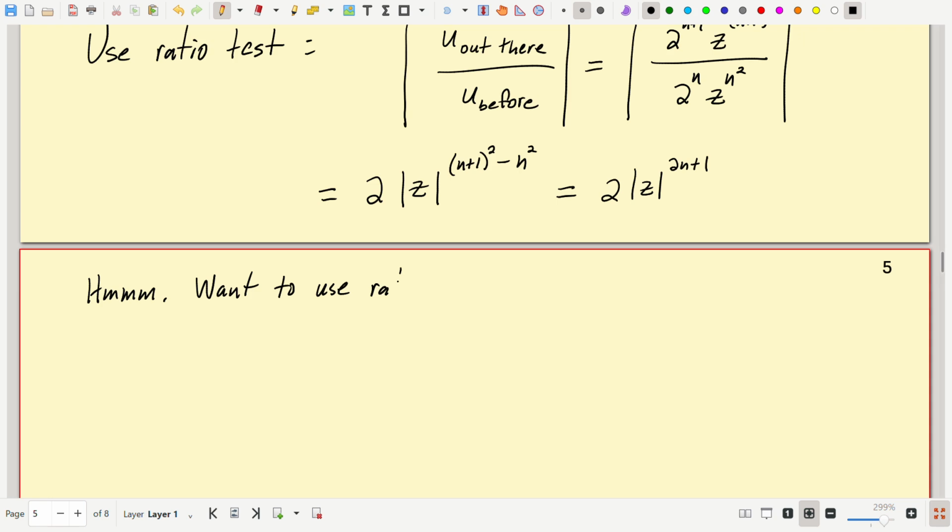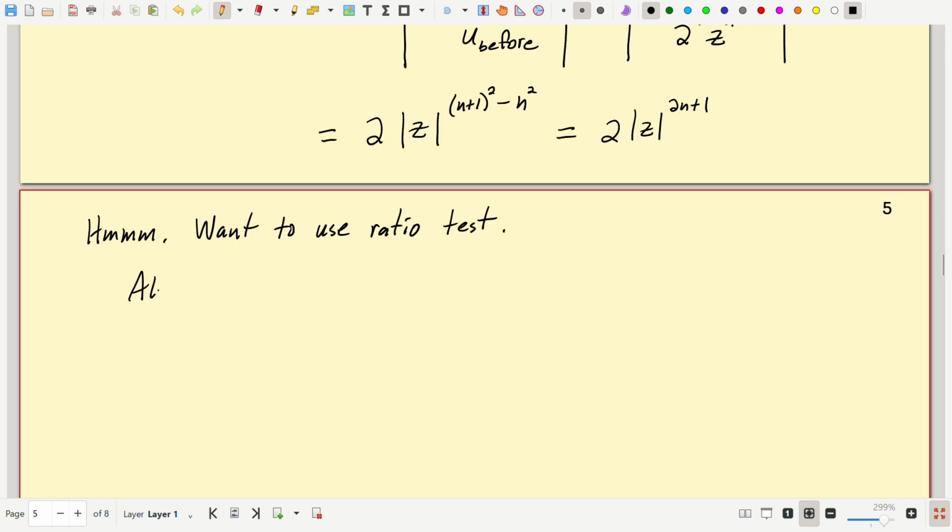You look at that and ask yourself, when is that going to be a bounded thing? If the modulus of z was bigger than 1, that would just get bigger and bigger and go off to infinity. So it certainly wouldn't be bounded by 1. And good news, when mod z is less than 1, then it goes to 0.